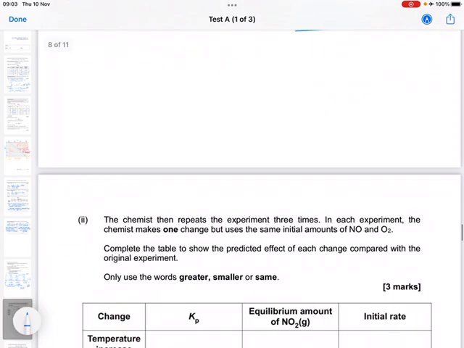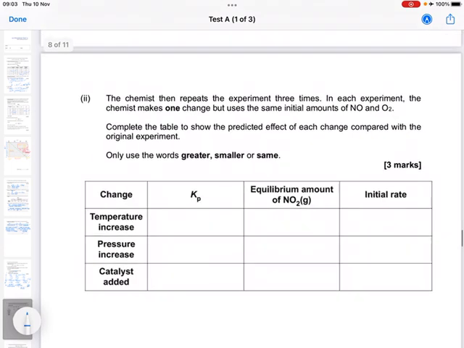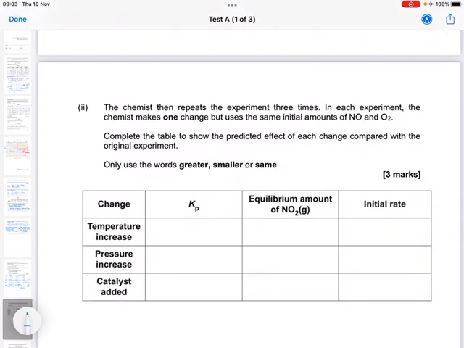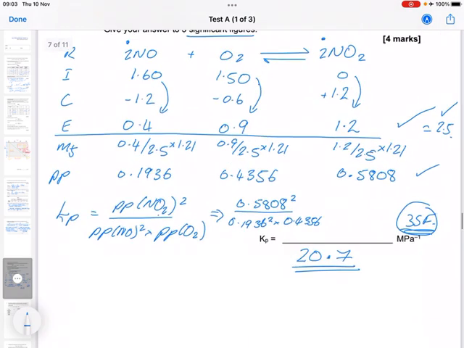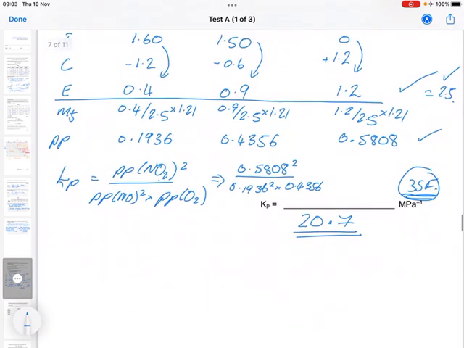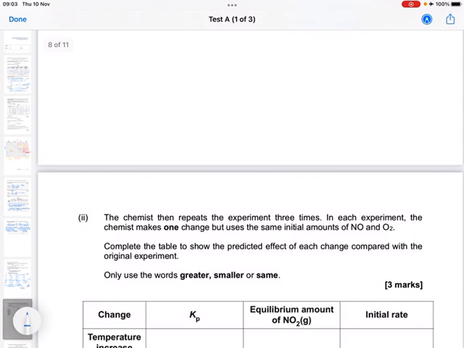Okay. Part 2, the chemist then repeats this. So let me get the equation down here so I know what I'm doing. So 2NO plus O2 equilibrium with 2NO2.